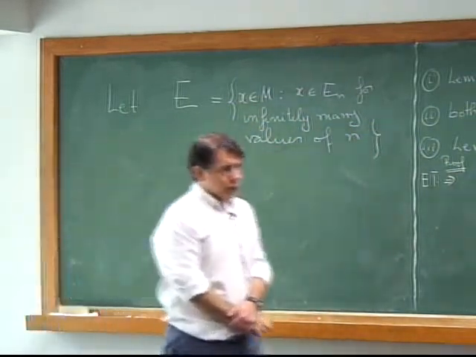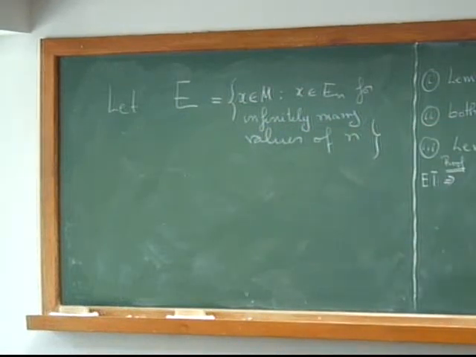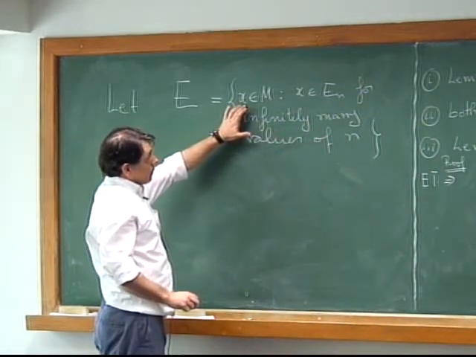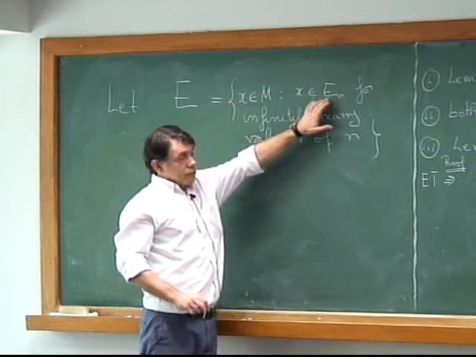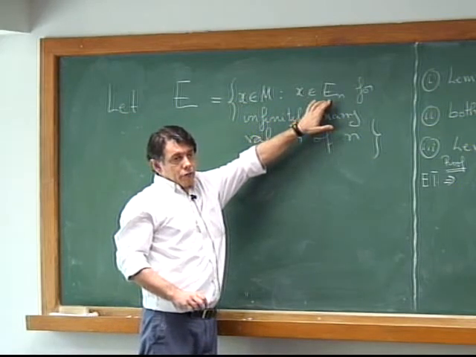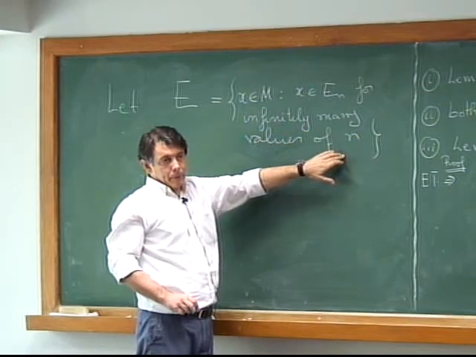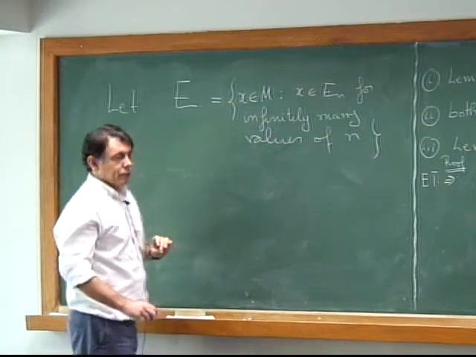I should write epsilon all the time, but at the end I'm going to make epsilon go to 0. So look at the set of points such that x is in E_n for infinitely many values of n. I'm going to make two observations.